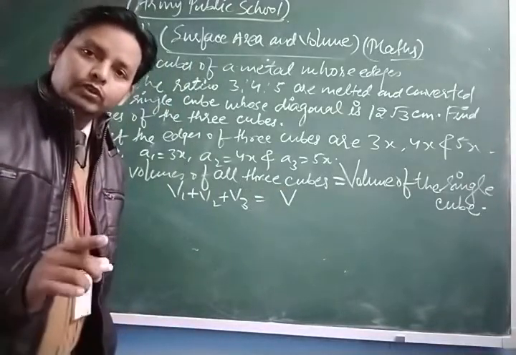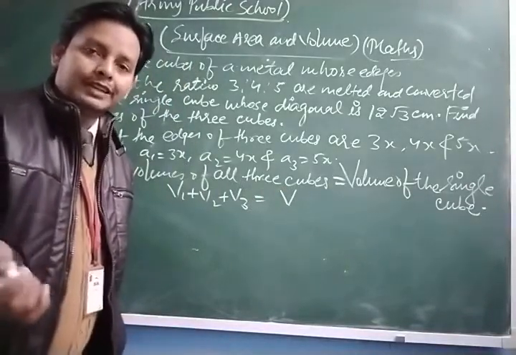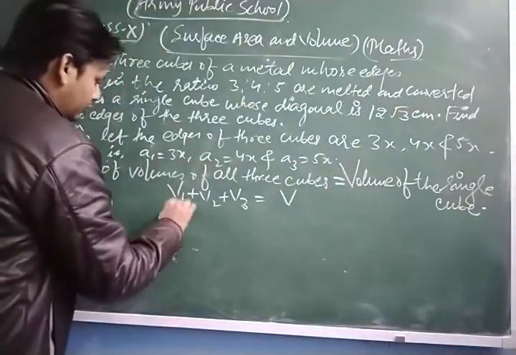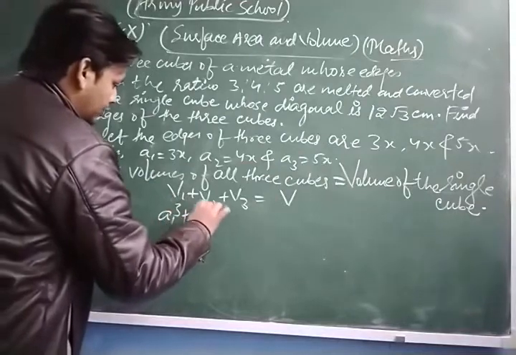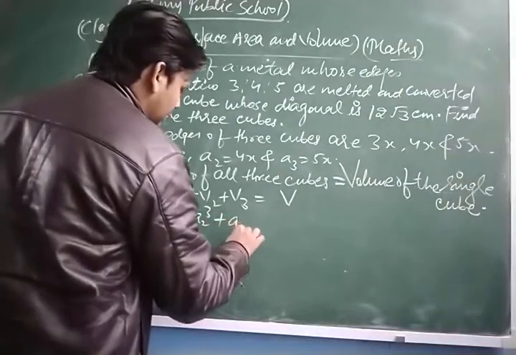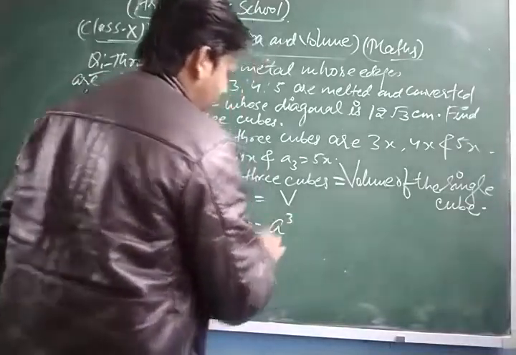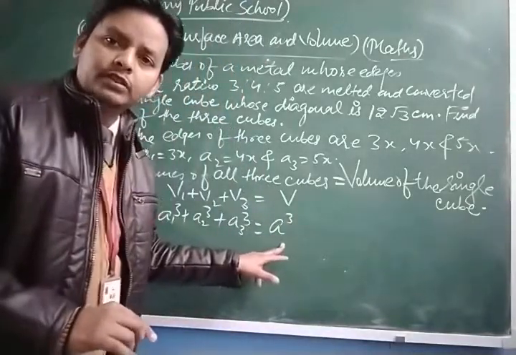We know that the volume of a cube is side cube. So a1 cube plus a2 cube plus a3 cube is equal to a cube, where a is the side of the single cube.